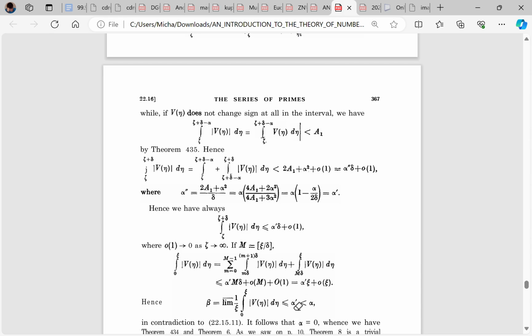Okay, and then xc, where is the xc? So xc is actually m delta plus this difference. So m delta is sort of like xc. And what's happening here?